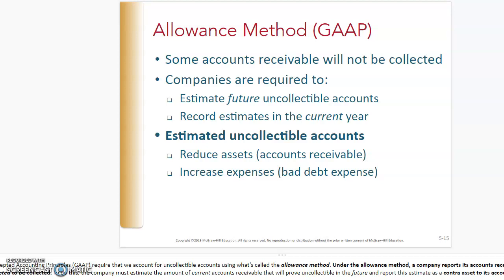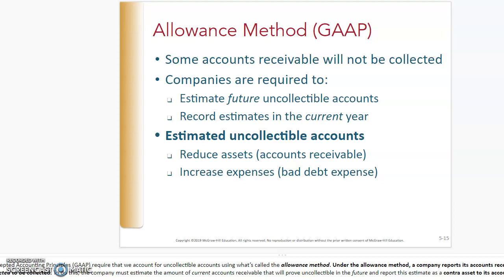The allowance method for accounting for these uncollectible accounts is required by generally accepted accounting principles. The allowance method is required to be used in all except a very few instances.